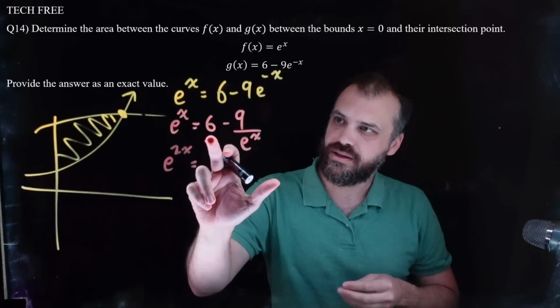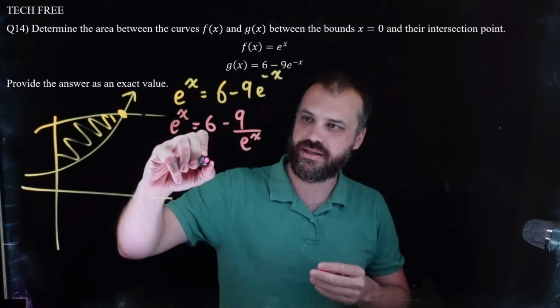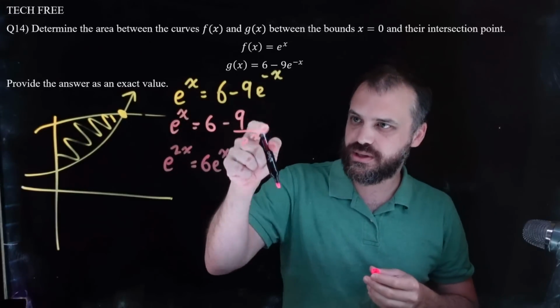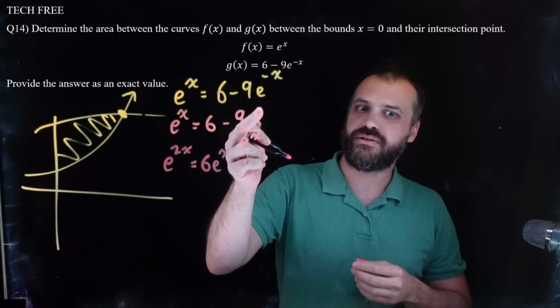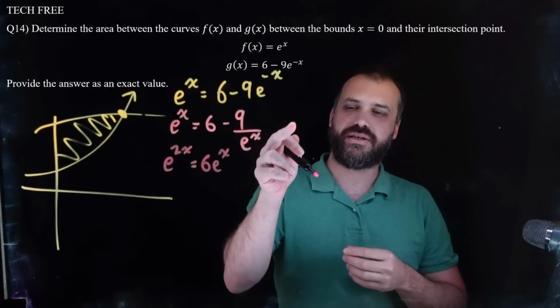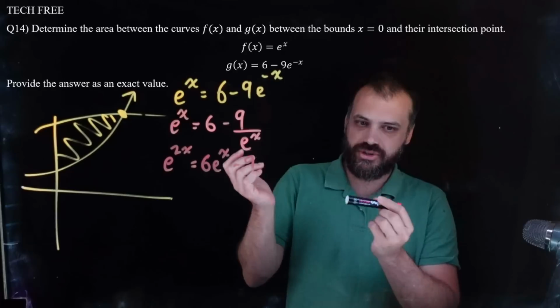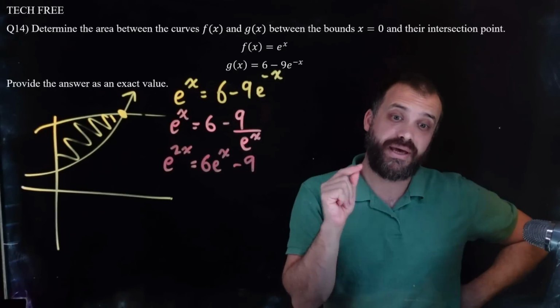This one here, multiplying by e to the x, we get 6e to the x. And then this one here, negative 9 over e to the x times e to the x, we just get negative 9. And then you might still be looking at going, that didn't make my life better.